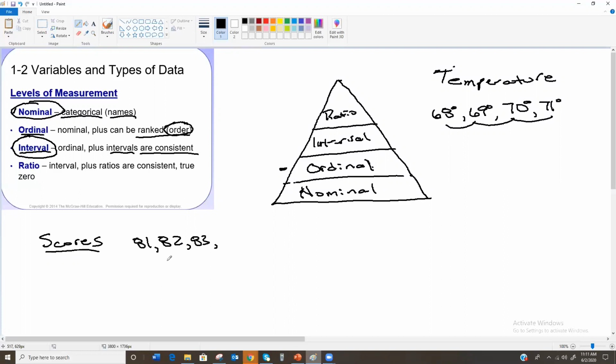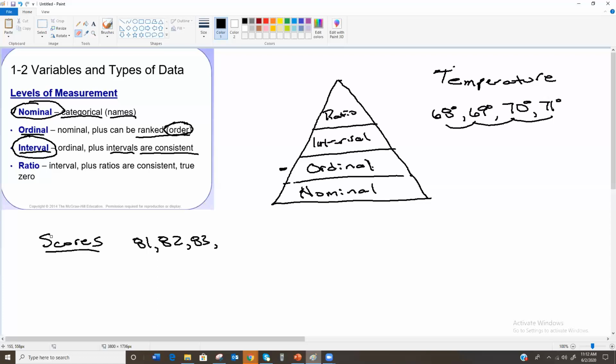It doesn't have to necessarily be 1, but they have that equal interval all the way up and down. So scores, you could rank the scores, and each score would be 1 higher or 1 lower than the one beside it. Does that help a little bit?